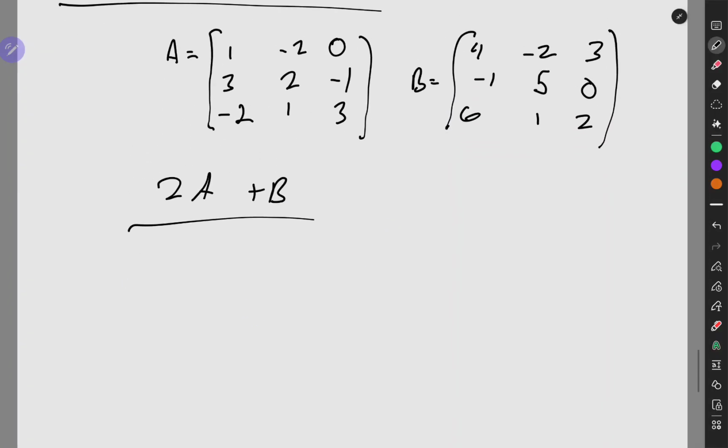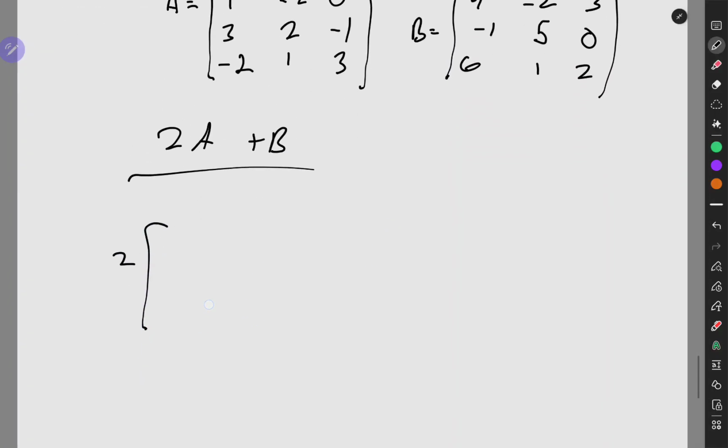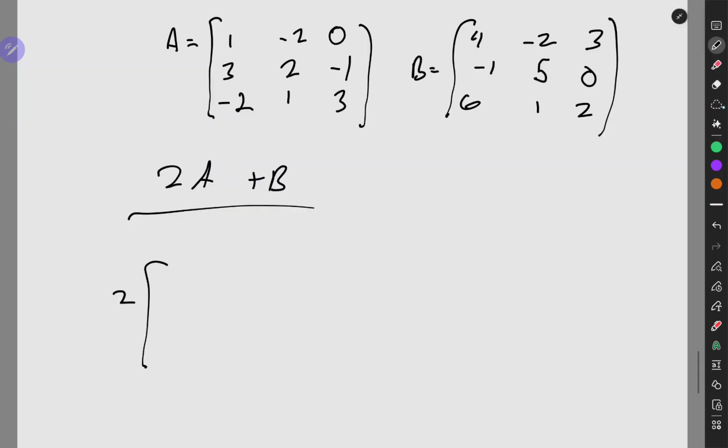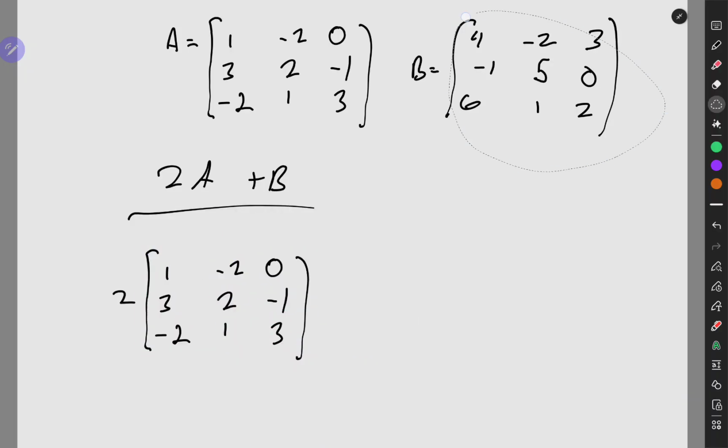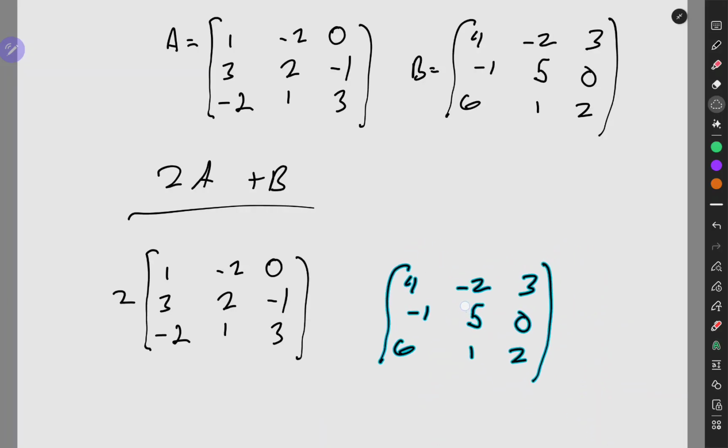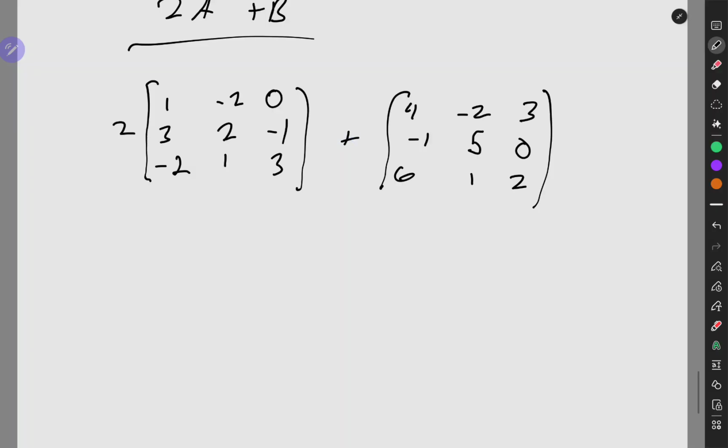To do that, I'd prefer to write it out again. I'm just going to copy this down. It's easier than writing it all out again. It's the benefits of a tablet. Plus B looks something like this. First thing we have to do is multiply the inside of the A by 2, right?